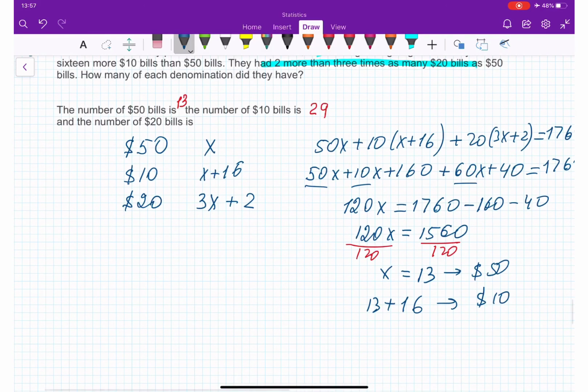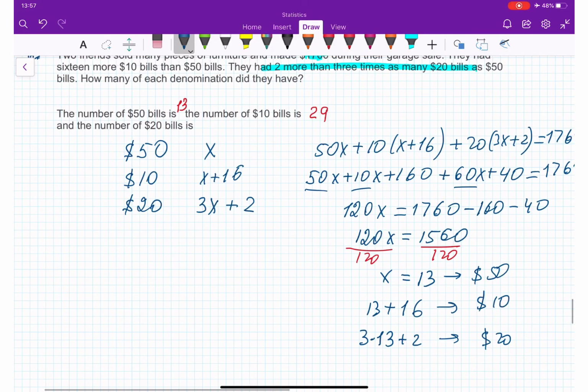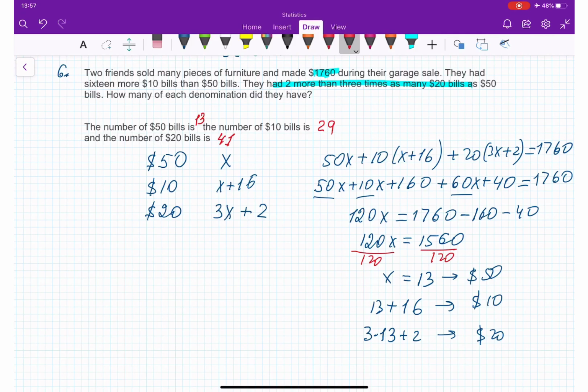And accordingly, 3 times 13 for $20 bills plus 2. That's going to be 41 $20 bills. Okay. Moving to the next question.